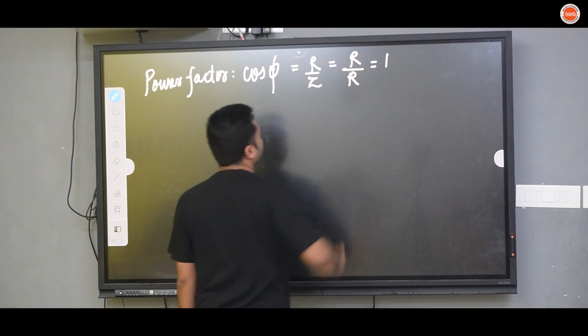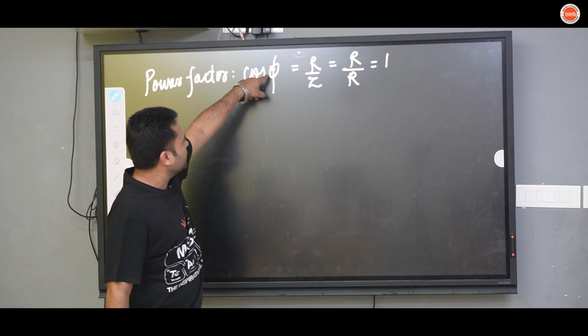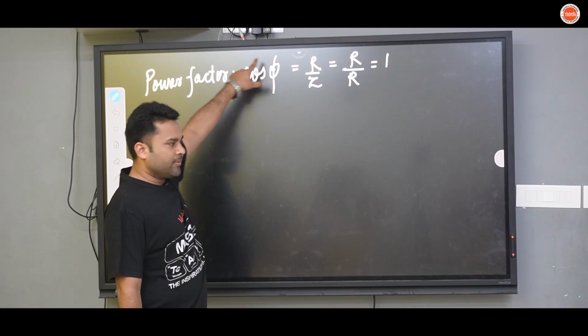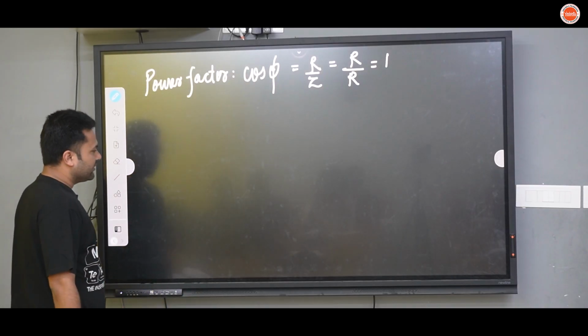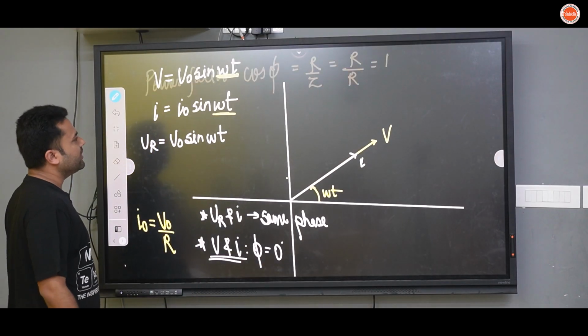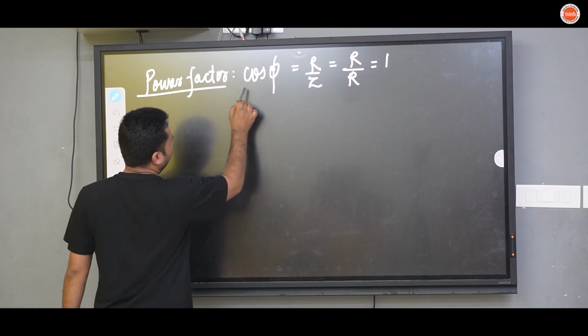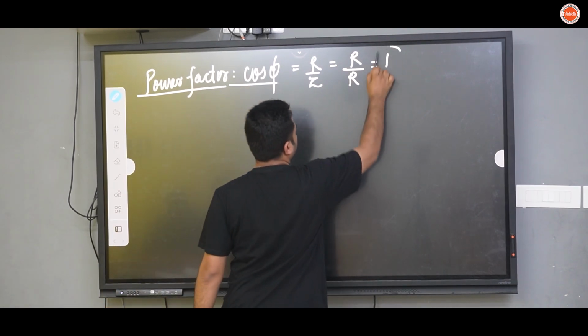Cos phi is 1, so the power factor is 1. You can check it like that also: phase difference is 0, so cos 0 is 1. Always remember that if they ask the power factor in a purely resistive circuit, it is 1.